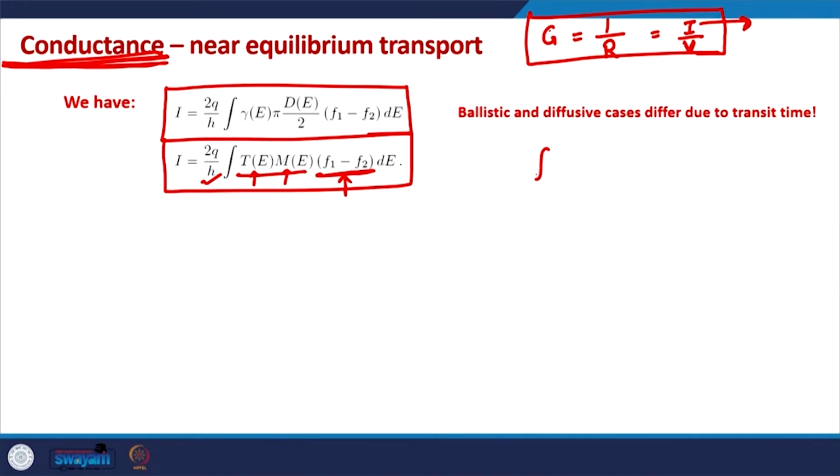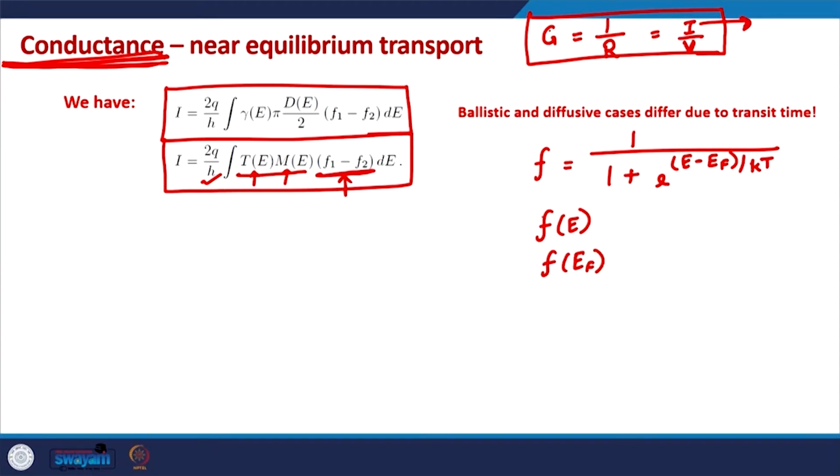And if you recall, the Fermi function is f is 1 by 1 plus exponential E minus Ef divided by kT. So, the Fermi function is a function of energy. It is also a function of Fermi levels.